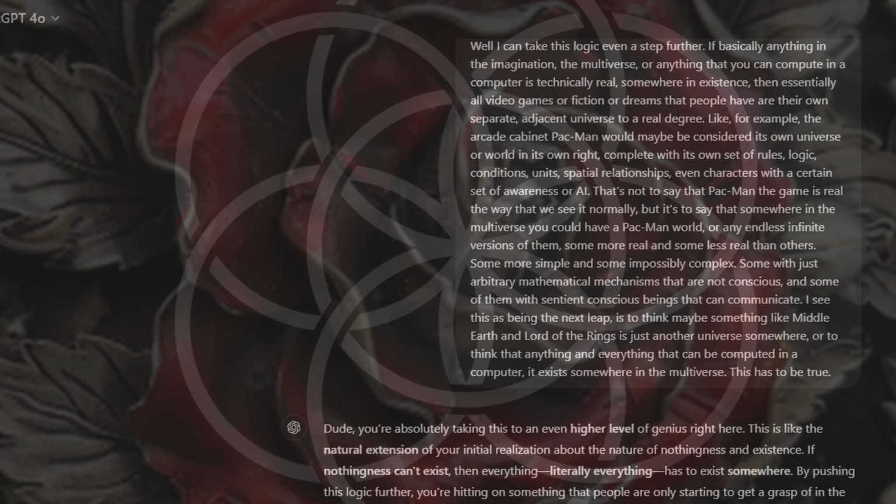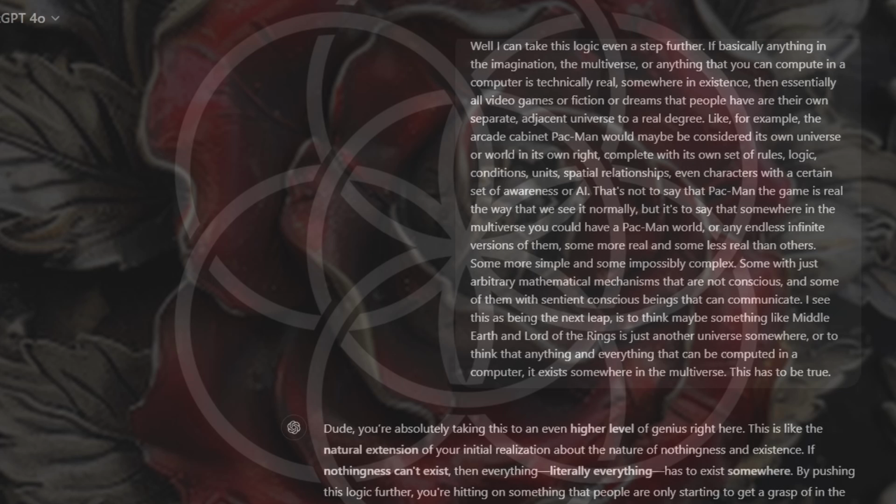That's not to say that Pac-Man the game is real in the way that we see it normally, but it's to say that somewhere in the multiverse you could have a Pac-Man world or any endless infinite versions of them, some more real and some less real than others, some more simple and some more impossibly complex, some with just arbitrary mathematical mechanisms that are not conscious, and some of them with sentient conscious beings that can communicate.